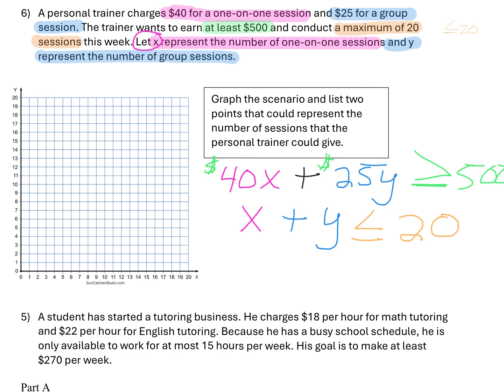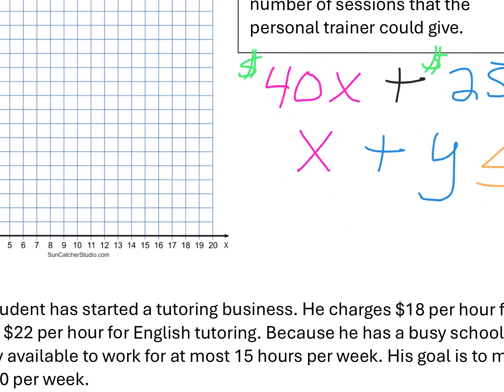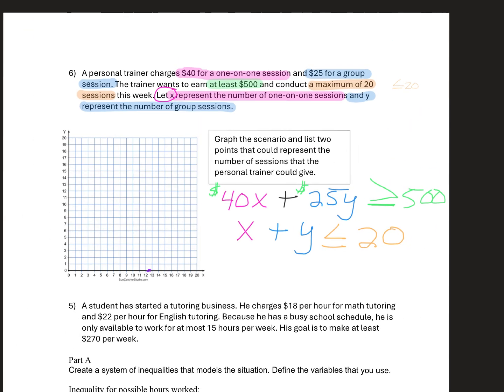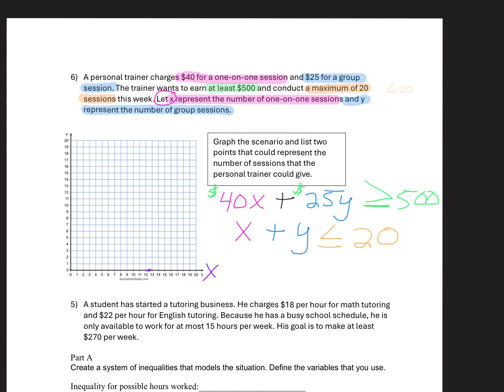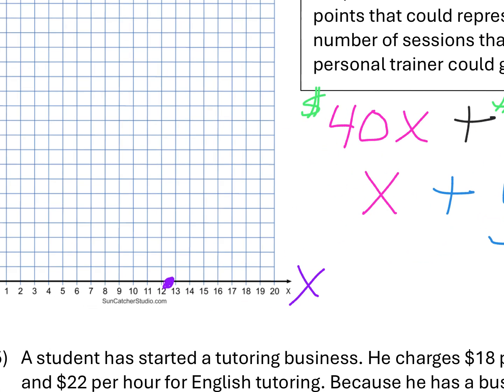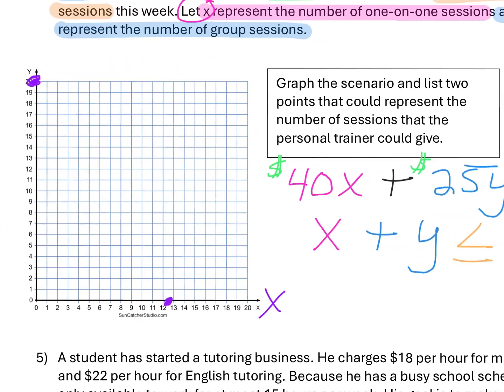For my top inequality, we'll do 500 divided by 40, and 500 divided by 40 means I have an x-intercept that's between 12 and 13 on the x-axis. And then 500 divided by 25 means my y-intercept will be at 20. So my top inequality will have the two endpoints here.